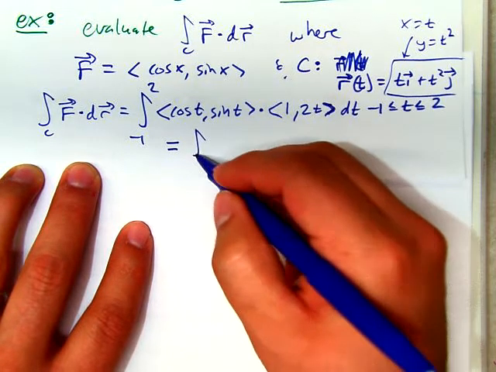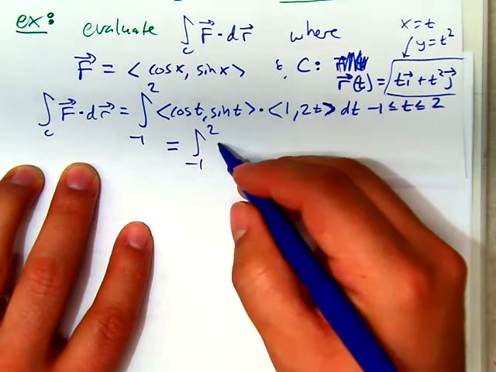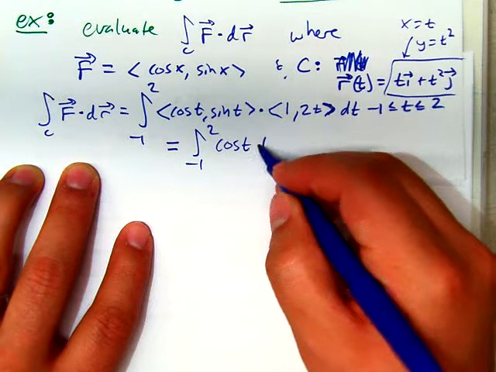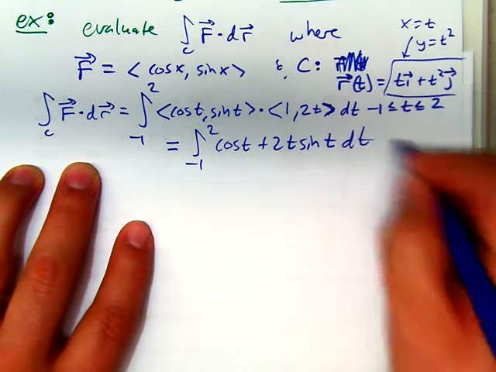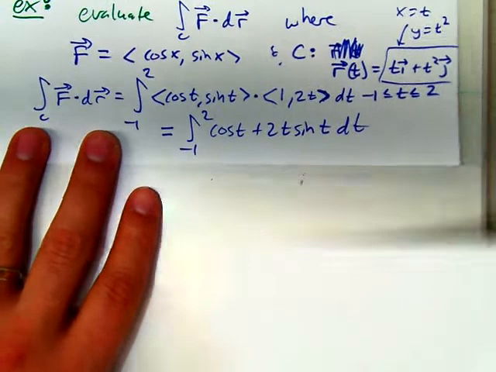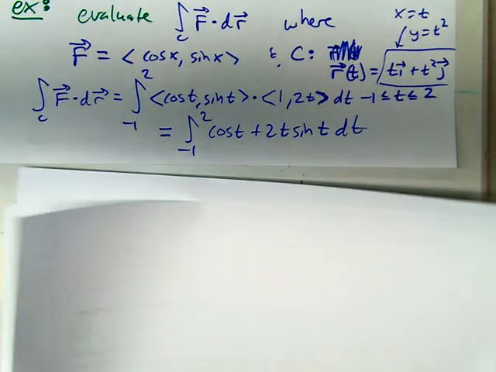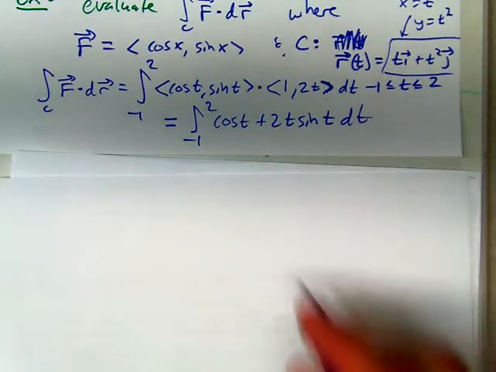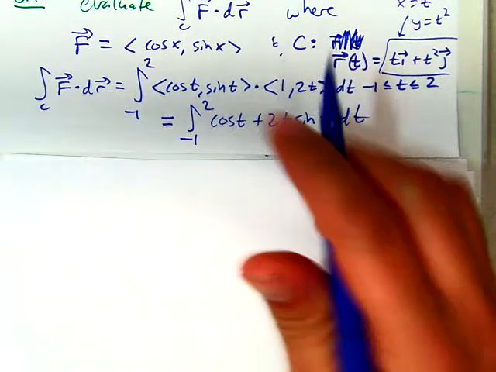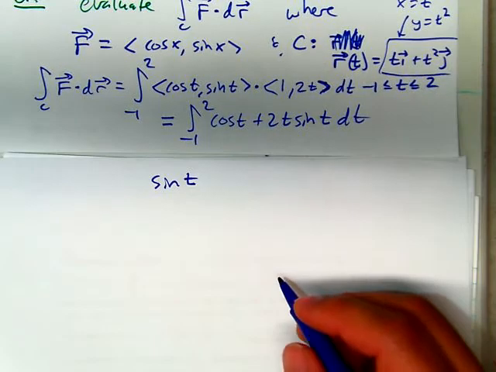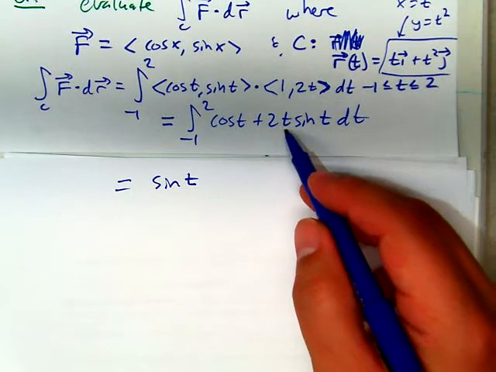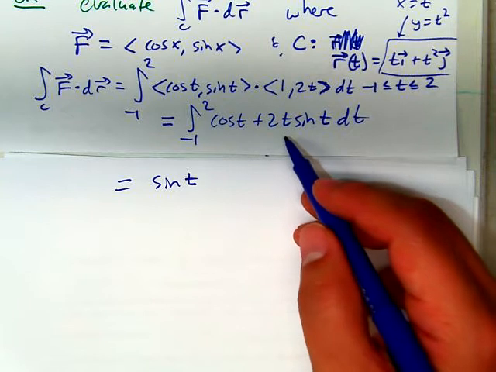This is the integral from -1 to 2 of cosine t plus 2t sine t dt. Integral of cosine is sine. And now we reach a point where we have 2t sine t.